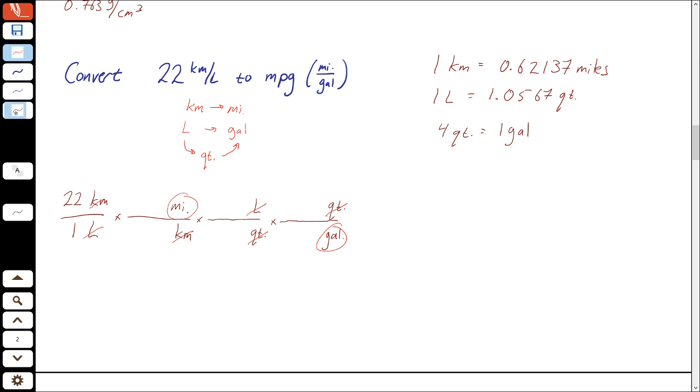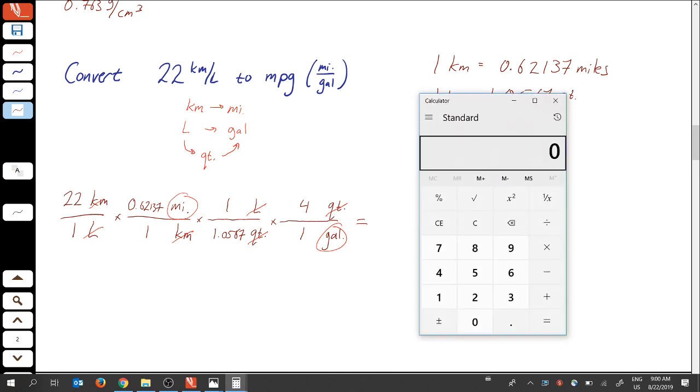Our conversion factors over here on the right tell us that there are 0.62137 miles in a kilometer, 1.0567 quarts in a liter, and 4 quarts in a gallon. All right, all that's left is to calculate that.